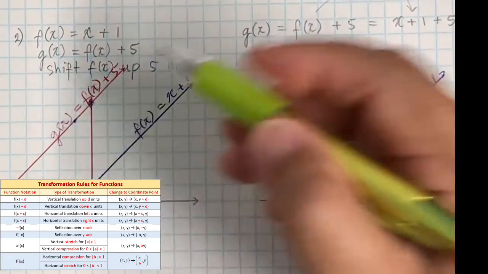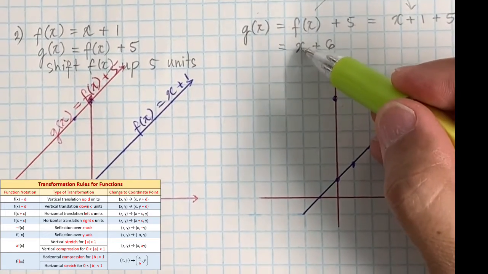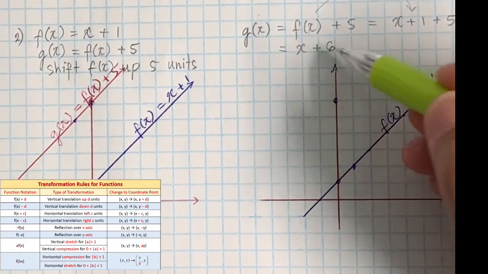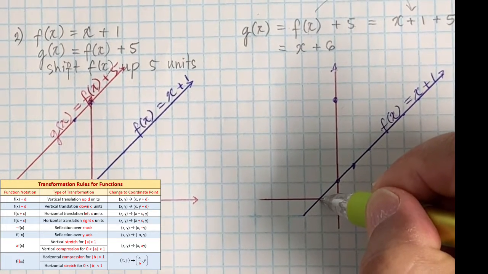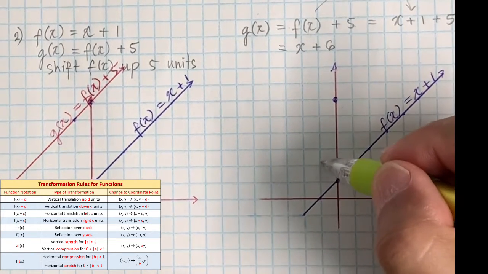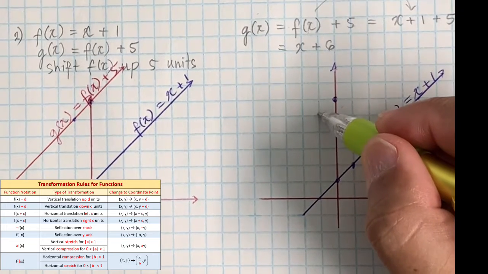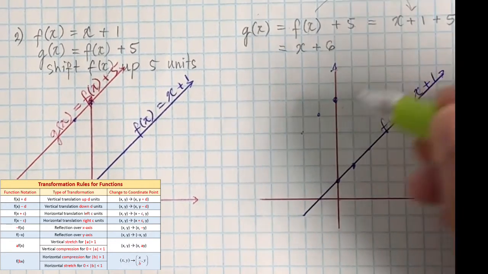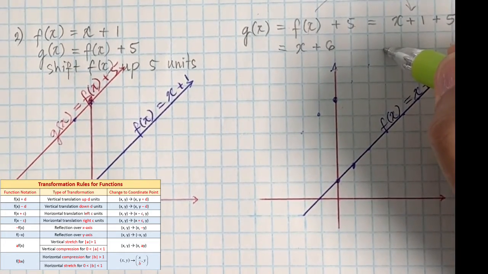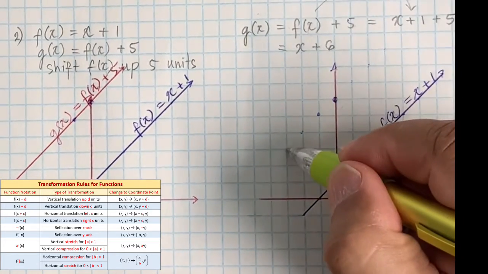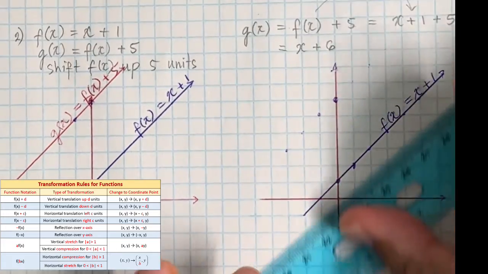See, the same as that right there. And then when x is negative 1, negative 1 plus 6 will be what? 5. So negative 1 and 5. So 1, 2, 3, 4, 5. You see? There, you have it. So if you forget the rules, you forget the chart, you can do this.